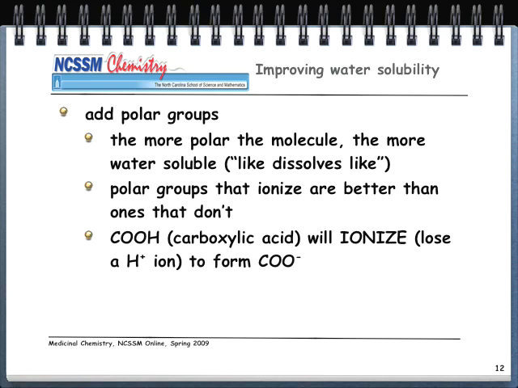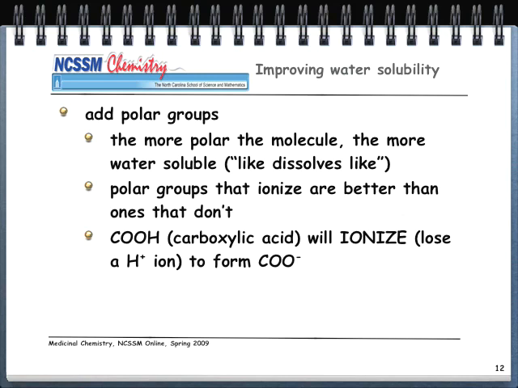Some of you may know what ionization means, some of you may not, but here's an example, carboxylic acid. So C double bonded oxygen, OH, will ionize, or lose a hydrogen ion, to form the ionized form, C double bond O, O with a negative charge on the oxygen.